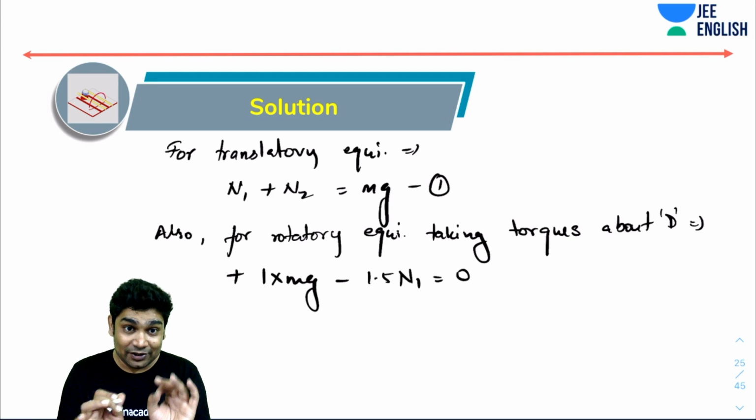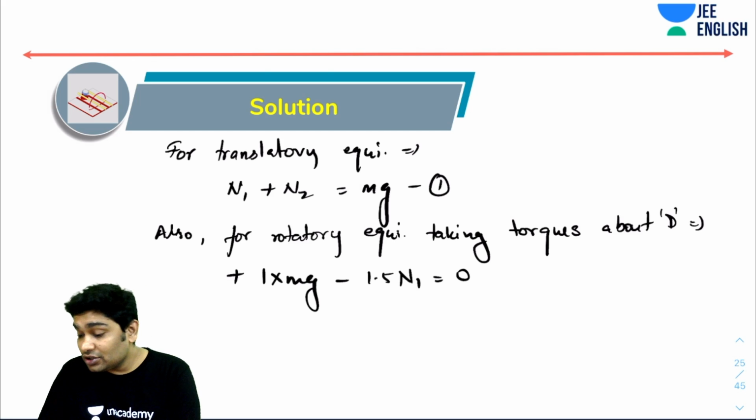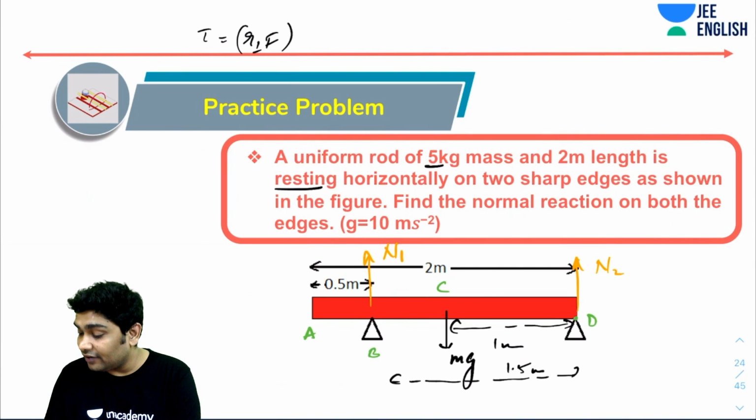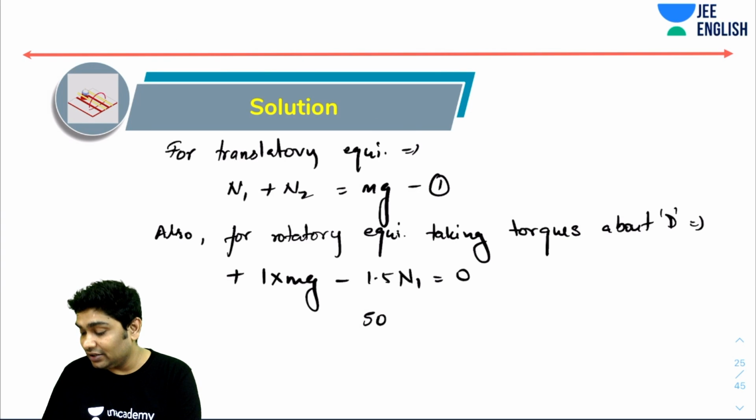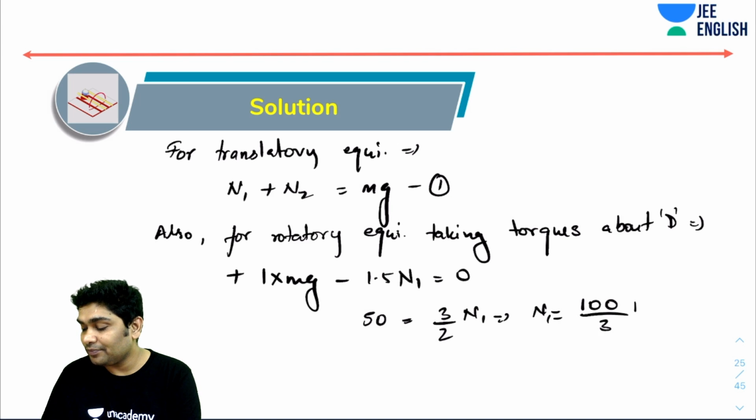Now all I need to do is substitute the values. m was 5, L I don't have to consider, g was 10. I will write 50 equals 3 by 2 times N1. That is giving me N1 equals 100 over 3 newtons.